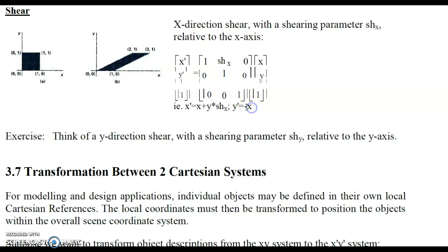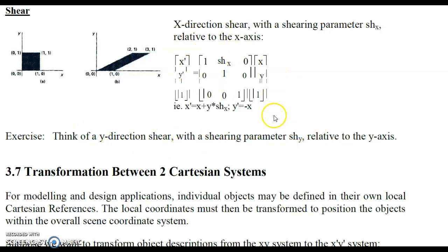Y will remain as it is, but x will be sheared, that is, x will be moved. If you see carefully, this 1 remains 1 and here also 1 remains 1, but the x value 0 has become 2 and here 1 has become 3. So this is x axis shearing.